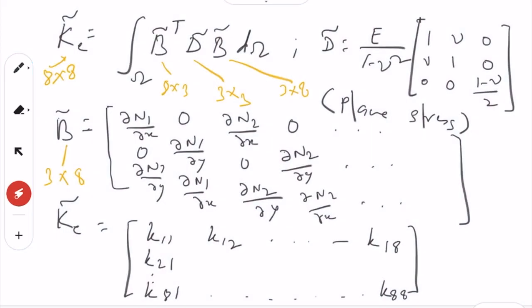So, k12 means we have to use column number 1, column number 2. So, we will transpose number 1 here, then multiplied by D, and then we will write this. So, this we will take as a row vector multiplied by this one multiplied by this as a column vector.